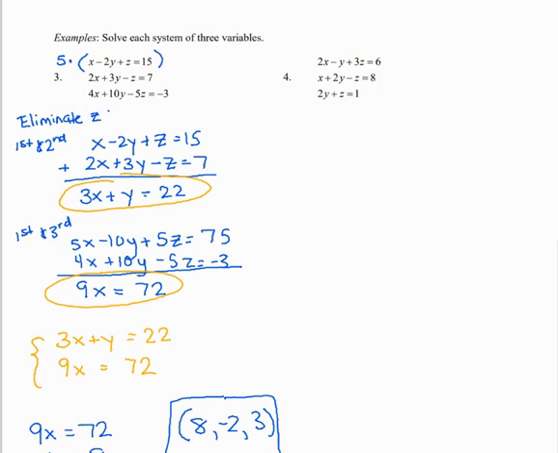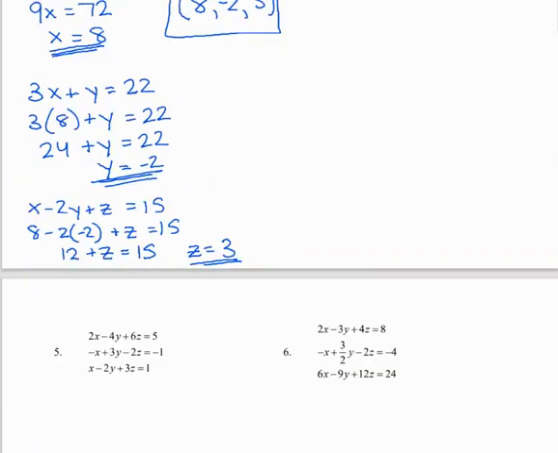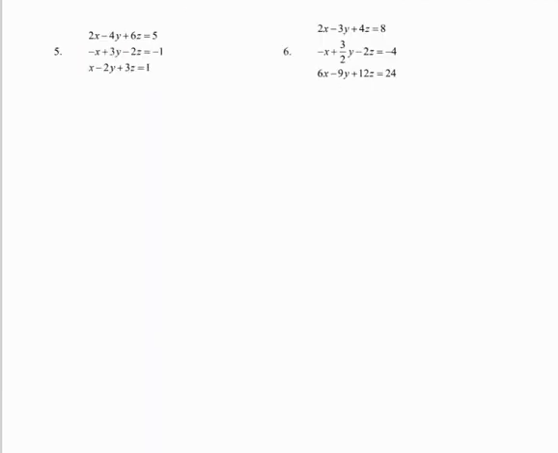I'm going to now do number 5 with you, and then I'll ask you to go back to do 4 and 6. So if we look at number 5, we're going to start the process the same way. We start by deciding on one variable to eliminate. And in this case, the x's look easier to me. If I look at the x's, we already have a pair of opposites.